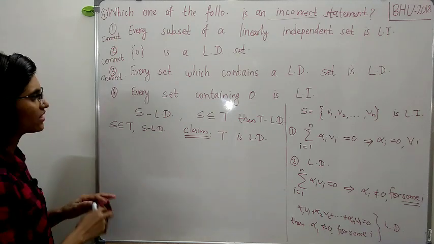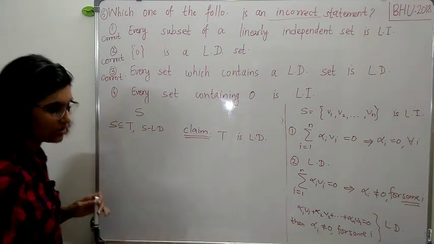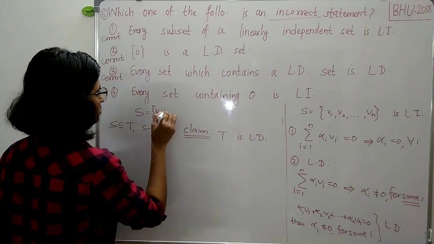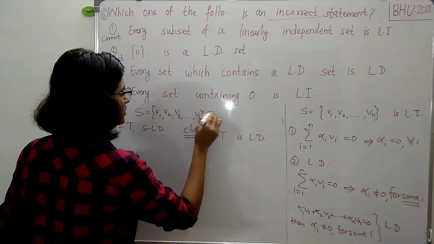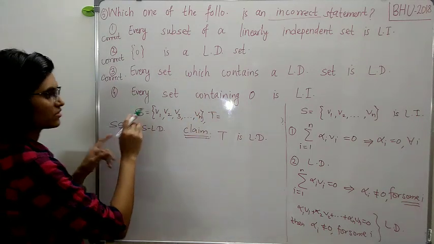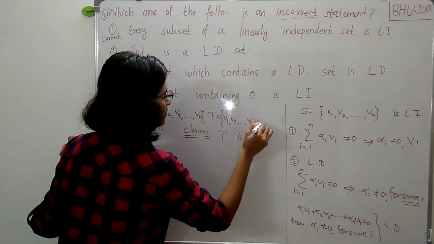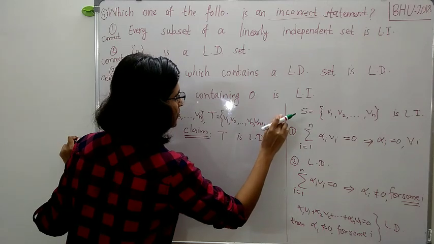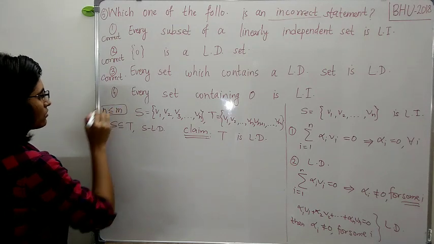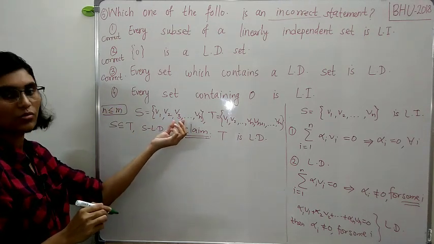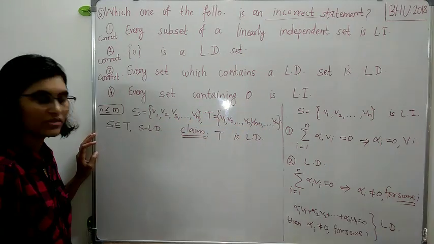So take S equal to the set {V1, V2, V3, up to Vn}, and T, where S is a subset of T. So let us take T as V1, V2 and so on up to Vn, then Vn plus 1, and so on up to Vm. And now just take n less than or equal to m, because S is a subset of T. So the number of elements in S is less than or equal to the number of elements in T. So n must be less than or equal to m.